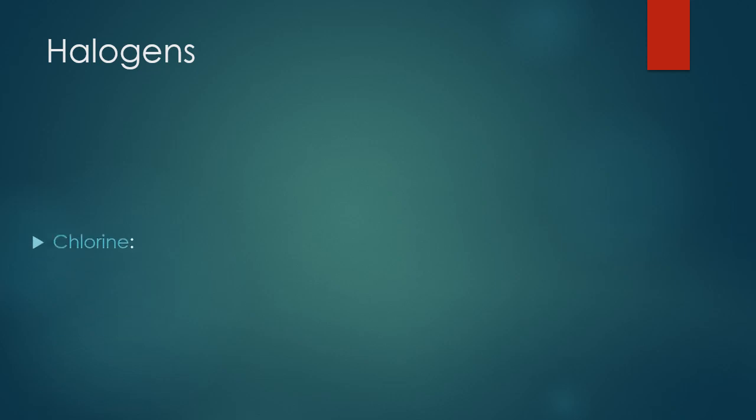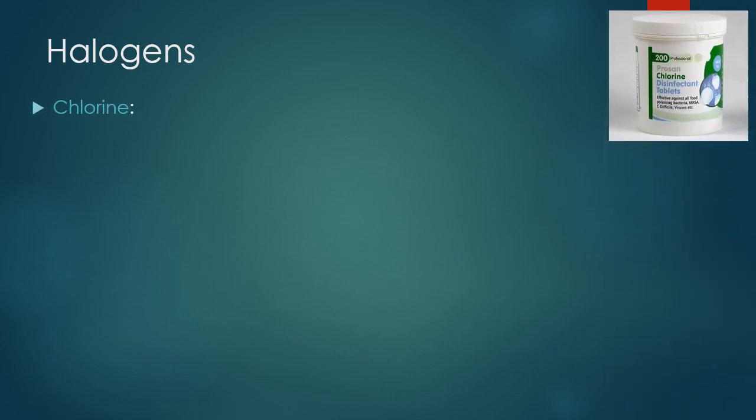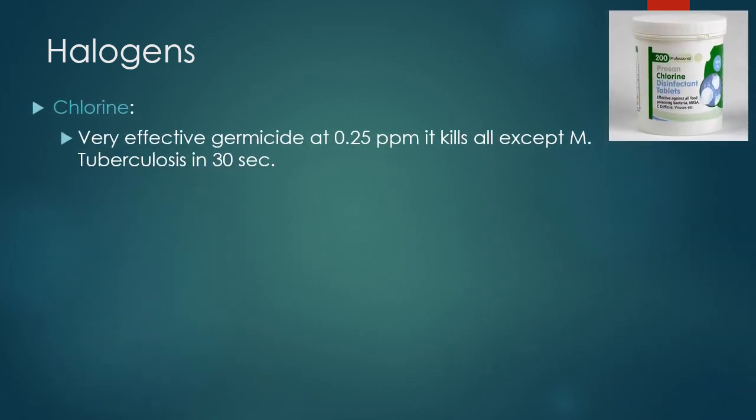Next, in halogen is chlorine. Chlorine is a very effective germicidal agent at 0.25 parts per million concentration. At this concentration, within 30 seconds, it kills most of the microorganisms except Mycobacterium tuberculosis. It is active in acidic medium as well as neutral medium.